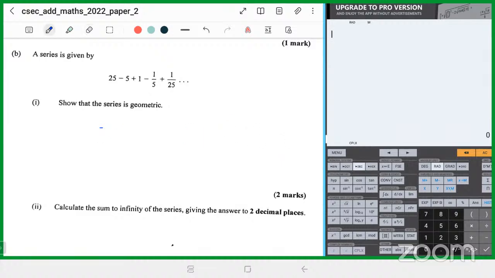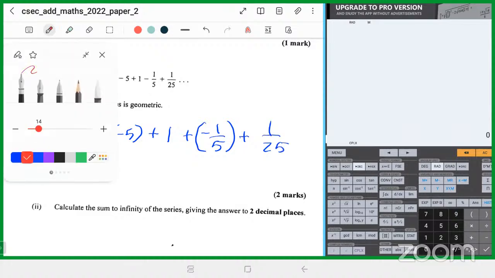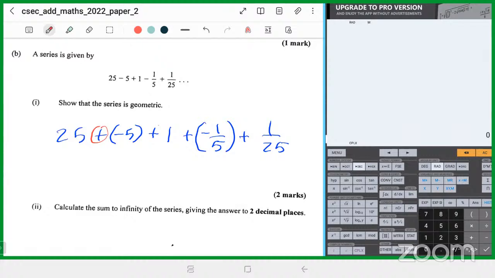It's the same as 25 plus negative 5 plus 1 plus negative 1 over 5 plus 1 over 25.